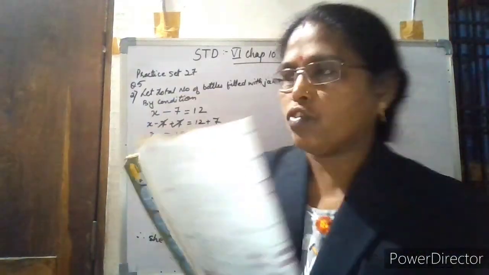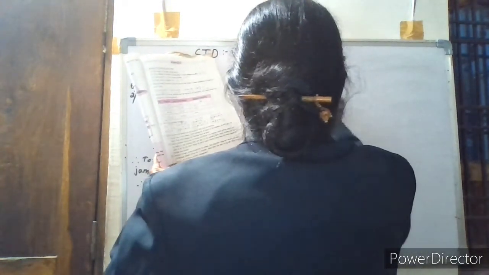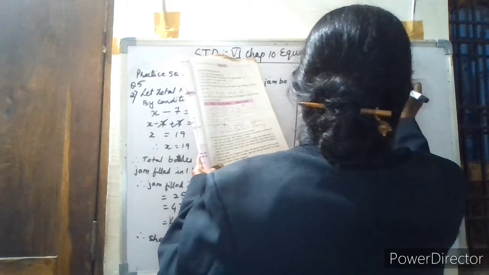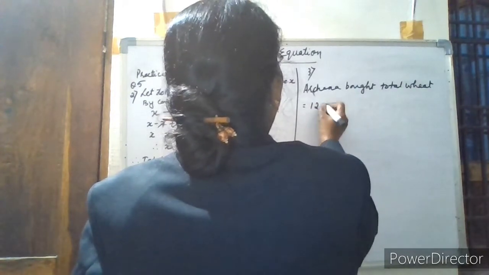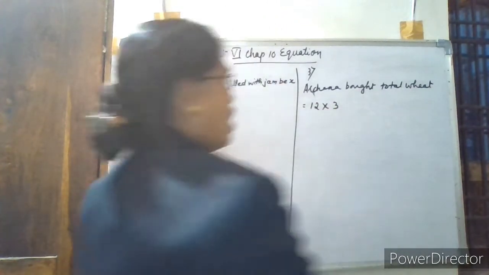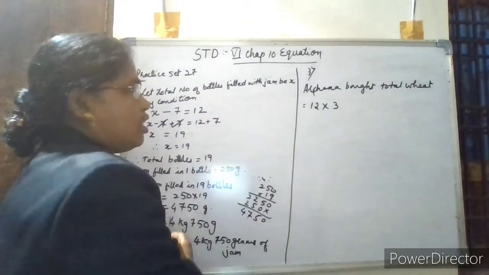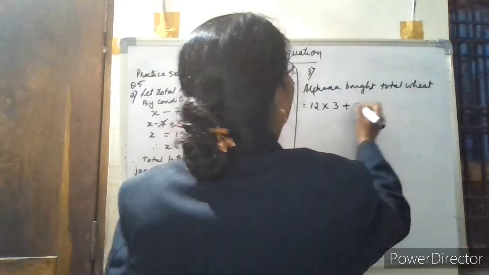So Archana had bought total wheat that will be equal to: in a month she requires 12 kg, 3 months she has milled the wheat, but still she is left with 14 kg.